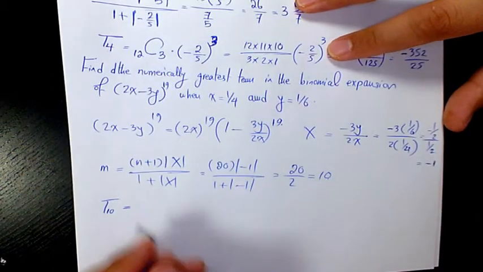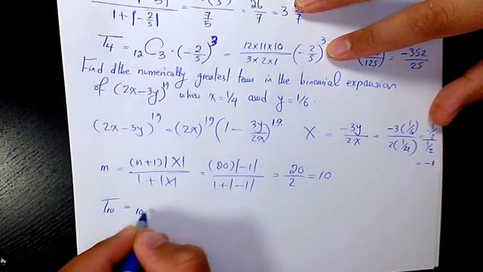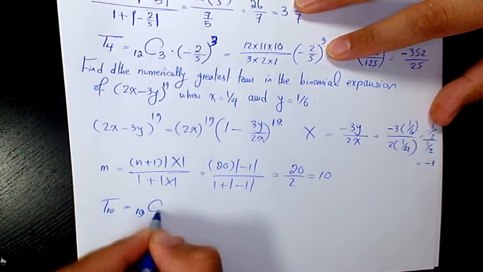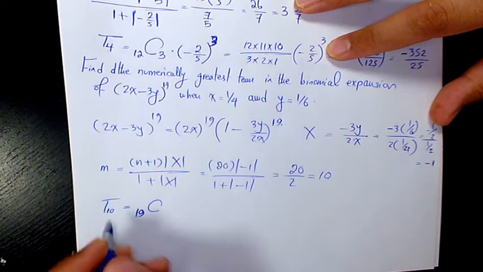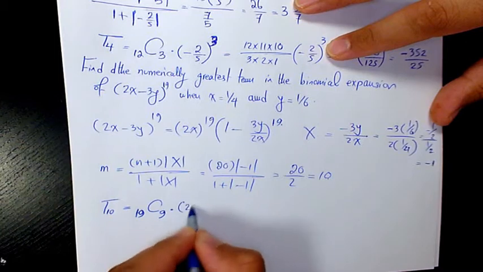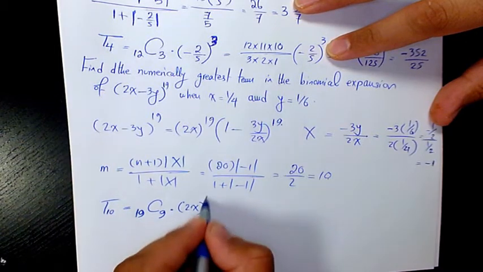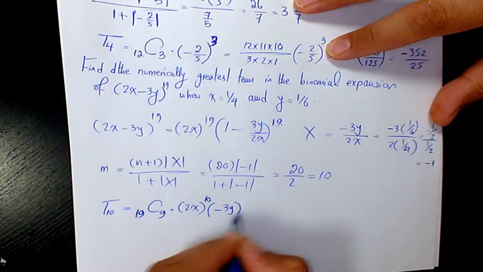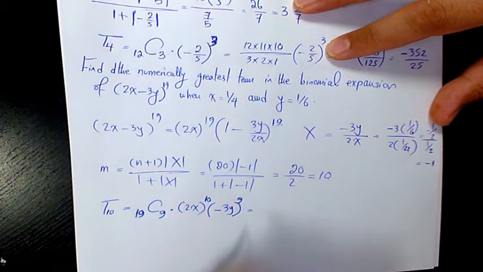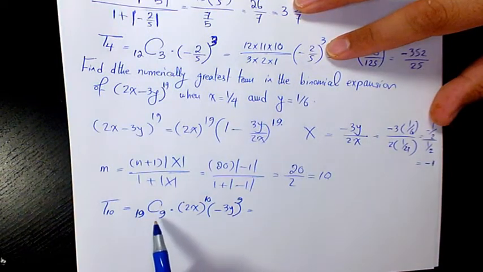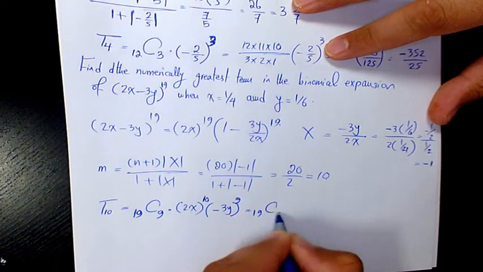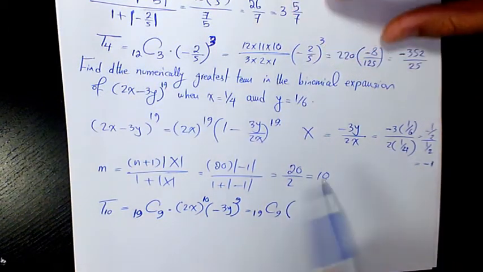Let's write out T10 first. Here n is 19. 19C9, (2x)^(19-9), which is 10, times (-3y)^9. So that's going to be 19C9, and here for 2x we can substitute the numbers.